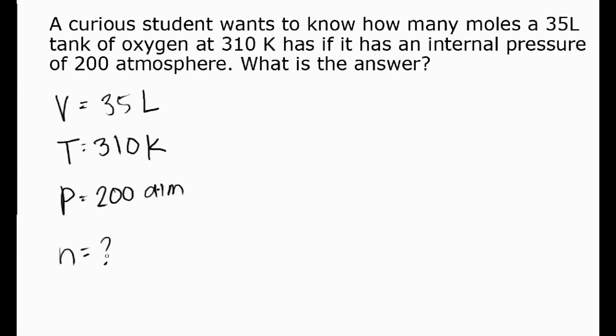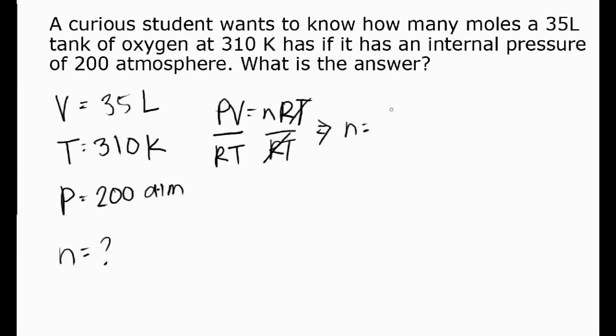By using the ideal gas law equation, which is PV equals nRT, we manipulate it by dividing both sides by RT to isolate n, which is the number of moles. So we are left with n is equal to PV over RT.